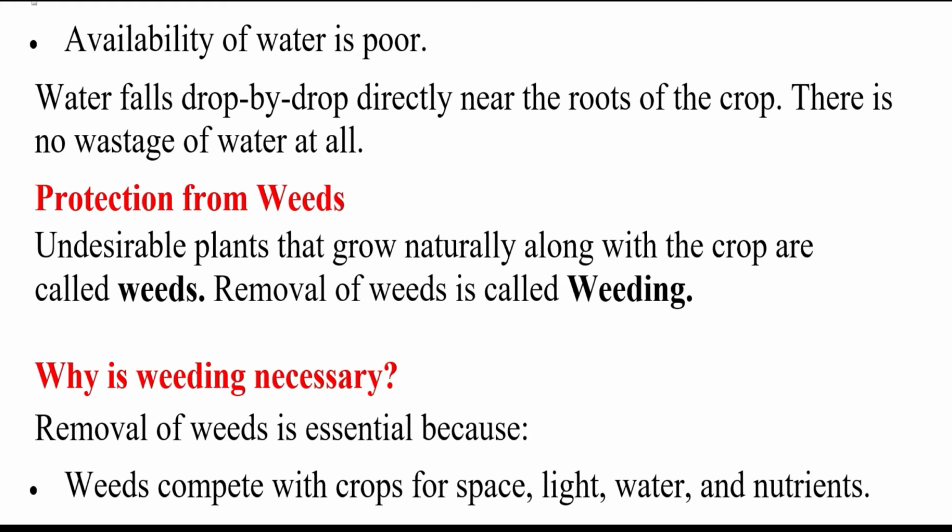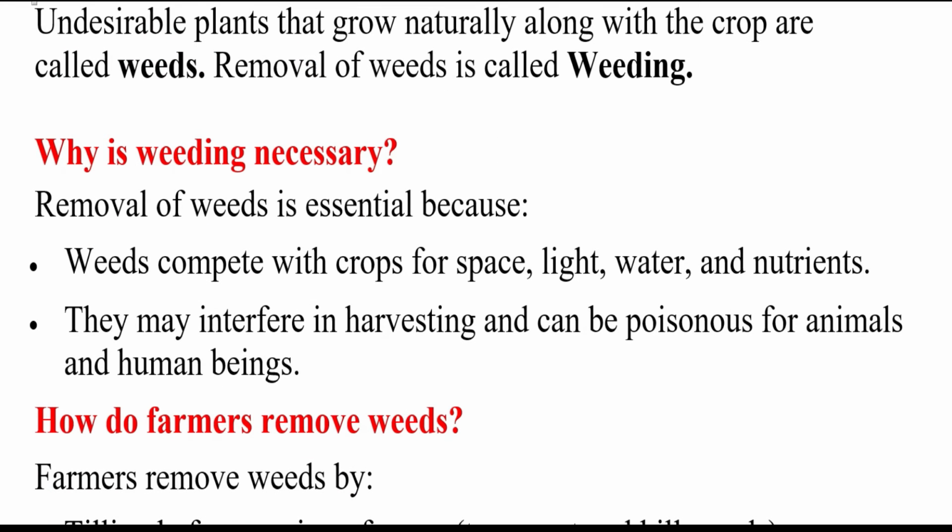And the next one, protection from weeds. Undesirable plants that grow naturally along with the crop are called weeds. They should be removed. The removal of weeds is called weeding. Why is weeding necessary?